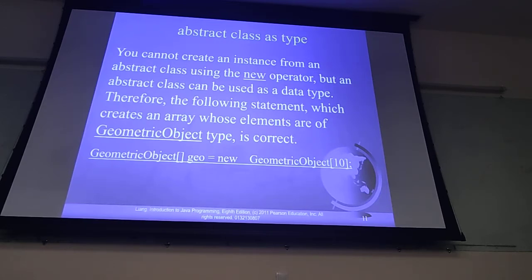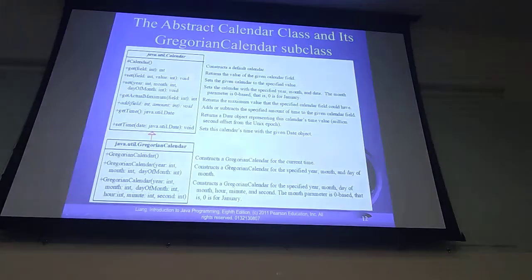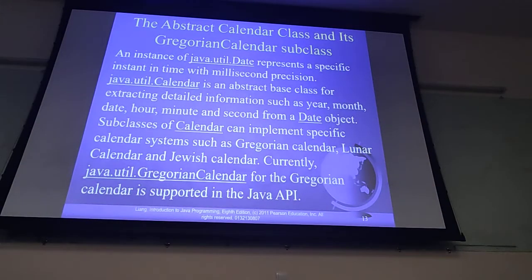We cannot create an object, but we can create an object reference. We cannot create an instance from the abstract class using the new operator, but the abstract class can be used as a data type. Therefore, the following statement which creates the array of geometric object type is correct. This is correct. Okay?